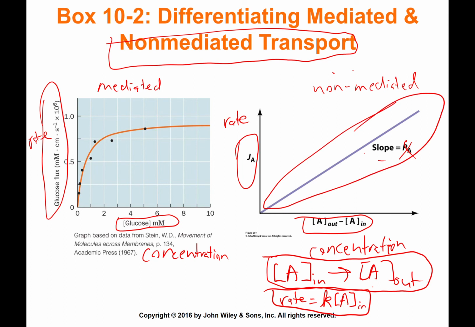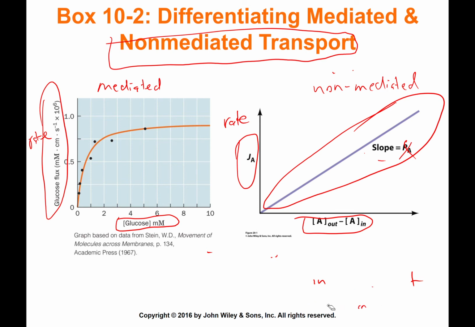Now, the mediated case is the weird case, and this has a lot to do with enzyme kinetics too. What I want you to understand with this, I'm going to give you a semi-real world example, is let's look first of all at what's happening.